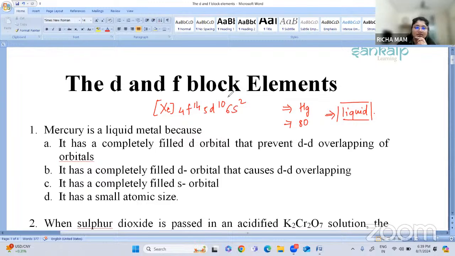So what is the answer? Why is mercury a liquid metal? Why is it liquid in state? I said mercury is in liquid state. What is the color? It is silvery white, like silver color, and this is a very heavy metal.